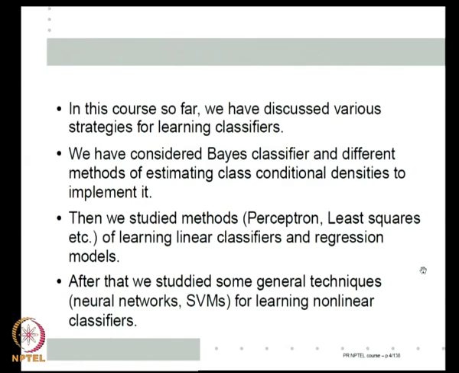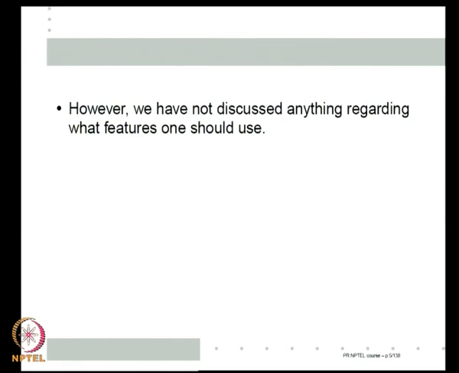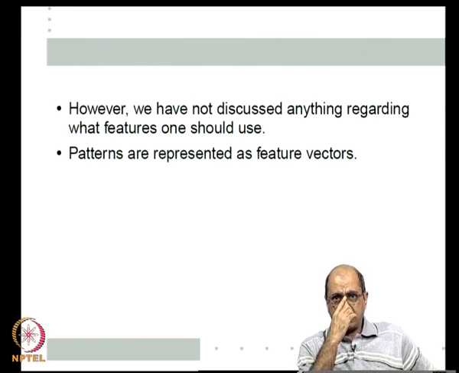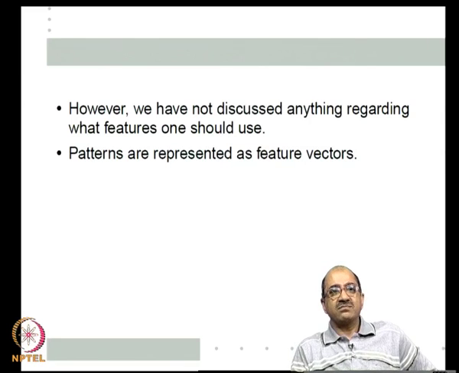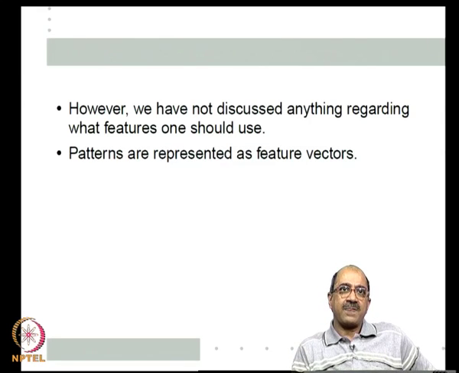So, one question that we never really addressed is what features does one use. In all our discussions so far, patterns are represented as feature vectors. Patterns are abstract for us and are always some d-dimensional feature vectors.